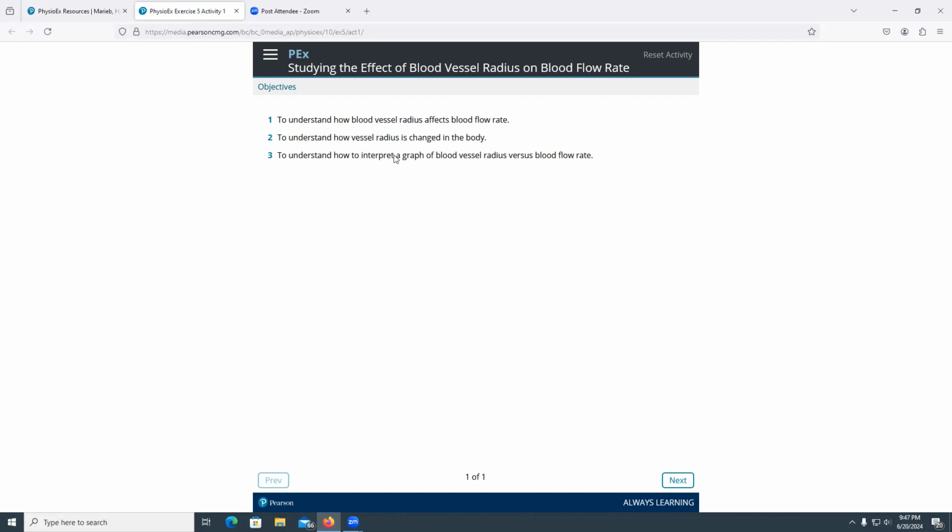So we're going to look at how increasing the radius will lead to 4 orders of magnitude increase in blood flow rate. And actually the opposite is also true. Decreasing the radius will lead to a 4 orders of magnitude drop in the flow rate.